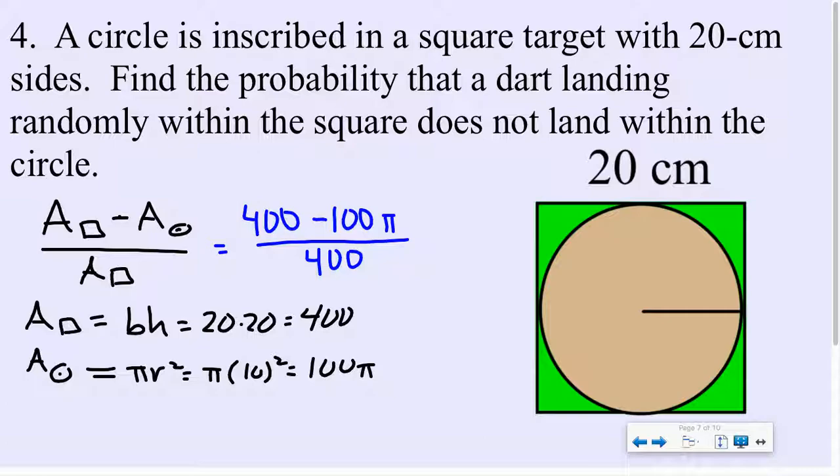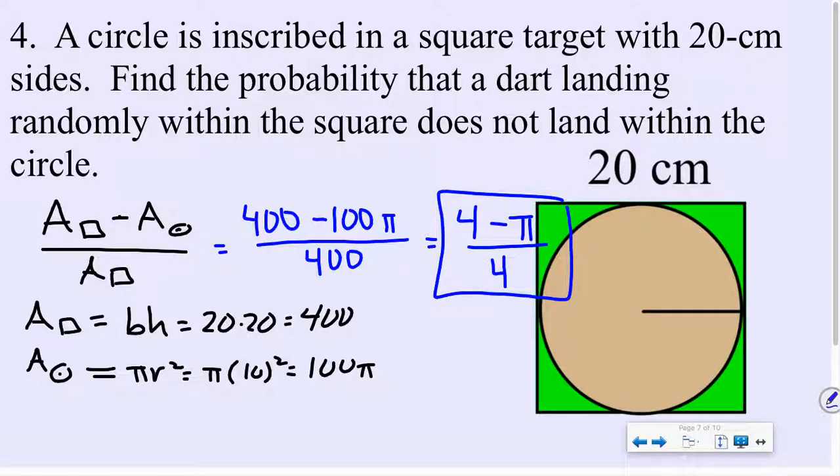So if I reduce 400 by 100, what do I get? 4. If I reduce 100 by 100, I get 1. And then if I reduce 400 by 100 in the denominator, I get 4. This 4 minus pi over 4 would be the exact probability that I would land in that green region. Whenever you leave pi in your answer, that's the exact.